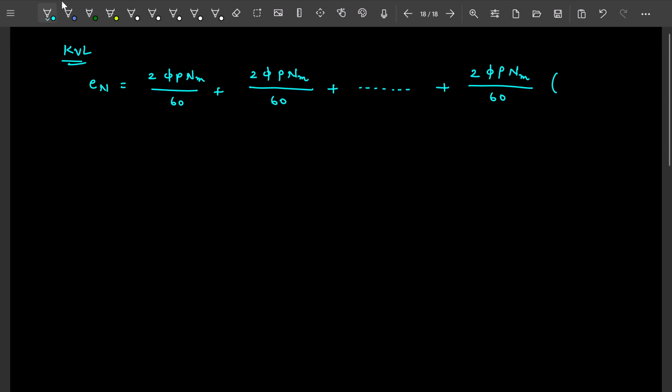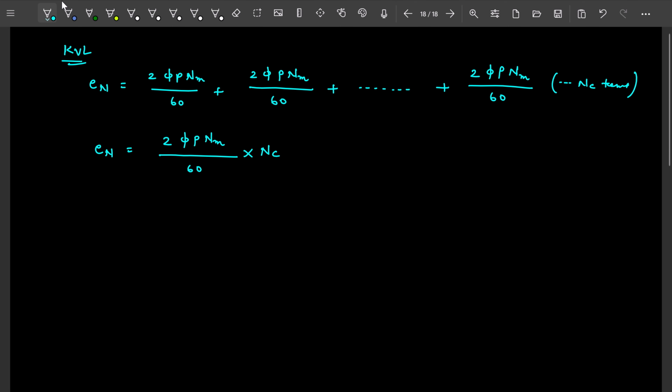Like that, how many terms? 2 NC terms. Then adding, En is equal to 2.5 P Nm divided by 60 times NC. This is the addition.